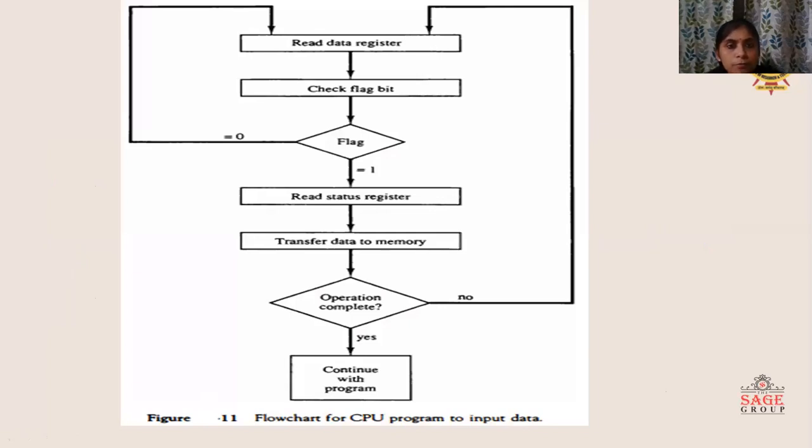See here, first check the flag bit. If the value of flag is equal to 1, then the status register will be read and data transferred to memory, and the operation will be complete. If the operation is not complete, then again read the data register, check the flag bit.